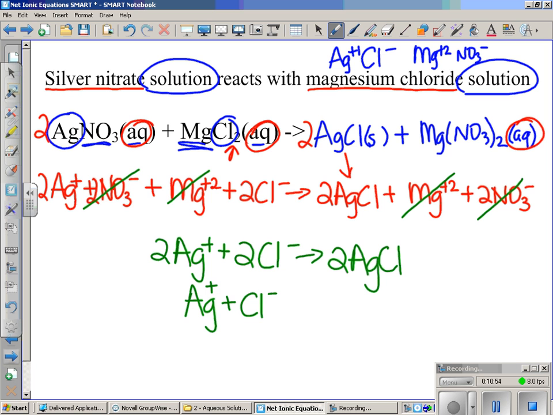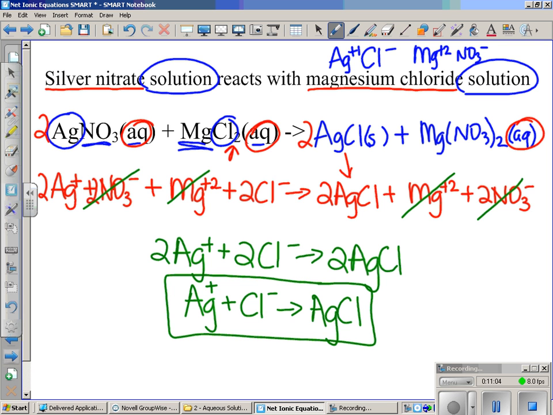So that leaves us with a final answer of Ag+ plus Cl- yields AgCl. Don't forget your charges on the left side because those are ions. You can't just say Ag plus Cl. It's Ag+ plus Cl- yields AgCl.